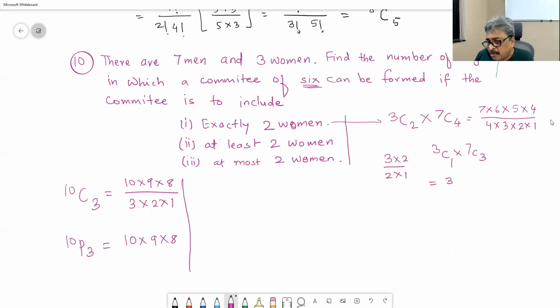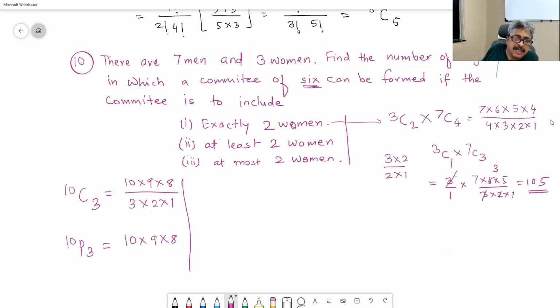So write only one number in the numerator, 3 upon 1. That is 3 choose 1. And 7 choose 3 is 7 into 6 into 5 upon 3 into 2 into 1. So this 3 gets cancelled. 2 into 3 is 105. That is the answer for 1.